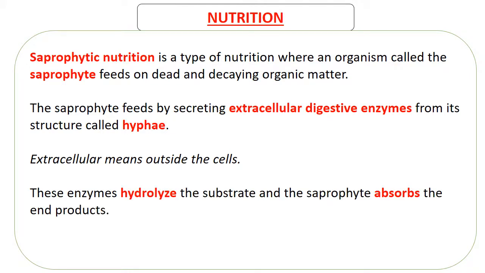So how the enzymes digest a given food substance is in this way. These enzymes hydrolyze the substrate, and the saprophyte absorbs the end product. So there are two processes involved. The first is hydrolysis, in which the enzymes break down a given substance using water.